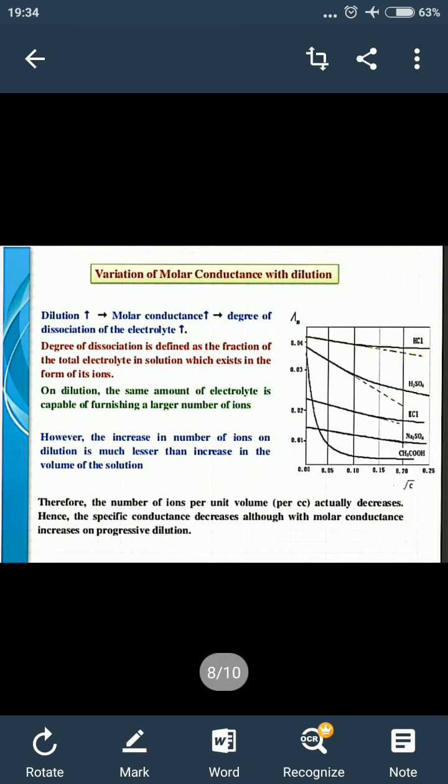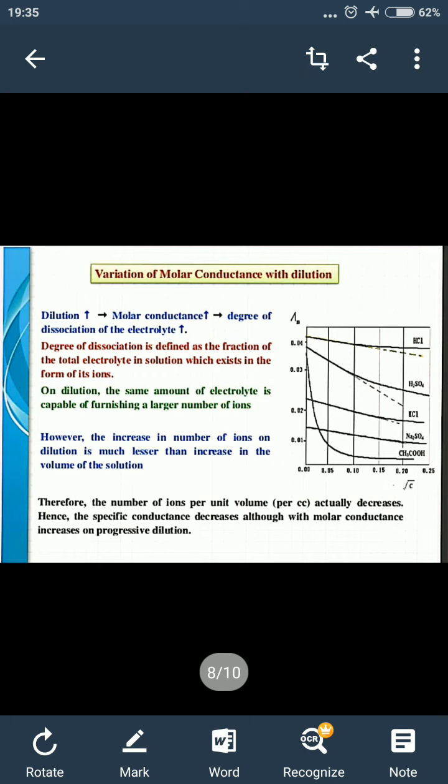Molar conductance as well as equivalent conductance increases with increase in dilution. So, this is the variation of molar conductance or equivalent conductance with dilution. Dilution increases, molar conductance increases, and the degree of dissociation of the electrolyte also increases. Degree of dissociation is defined as the fraction of the total electrolyte in solution which exists in the form of ions.